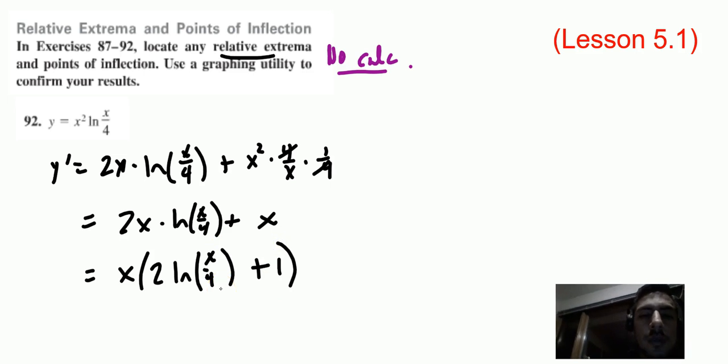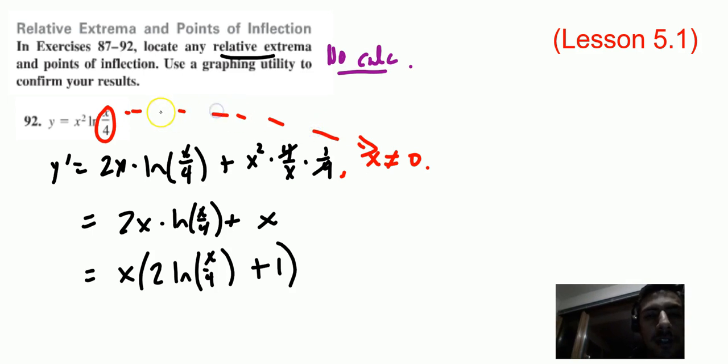Okay. I want you to note here, and I noted this earlier kind of nonchalantly, that x cannot equal 0. The reason x cannot equal 0 is because natural log cannot take on the value of x equals 0. The domain of natural log is all x greater than 0.